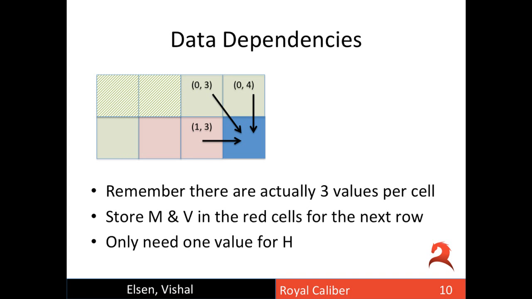Now we don't need this cell's information anymore, but we're going to need the information in the red cells when we go down to the row right here. We need the values of M and V in these cells to update the row below us. But we no longer need the information that was in this cell. So you can basically do these updates in place as you're going across each row, if you're careful not to go too far.